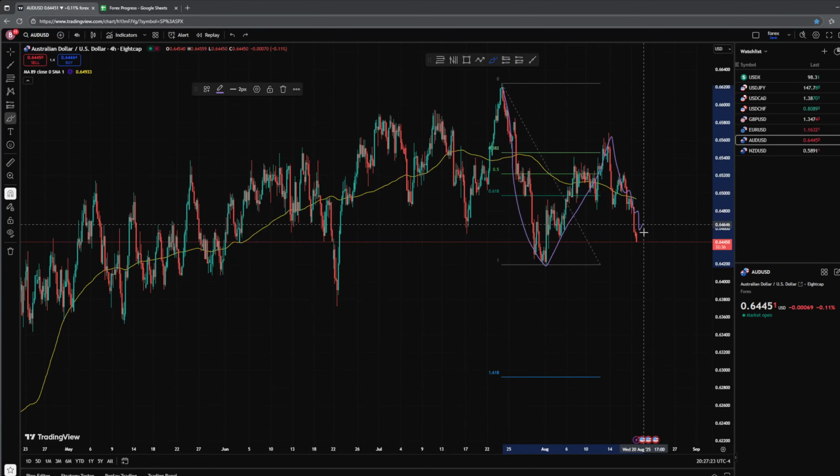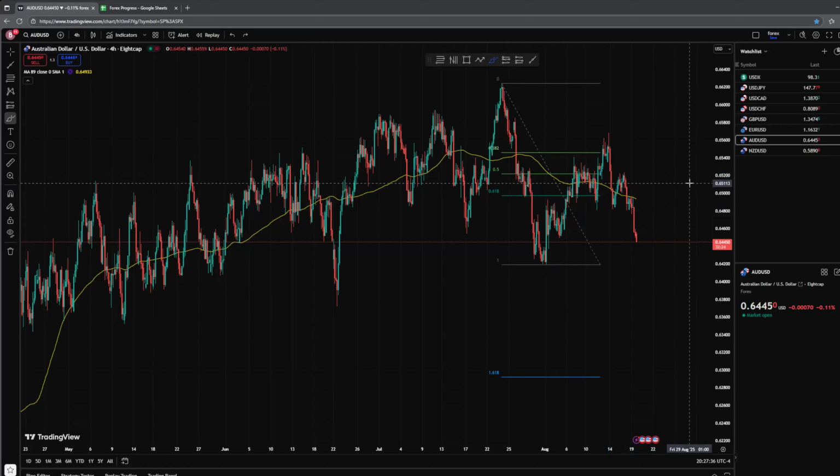Now the market seems to be retracing into the original trend. If somehow the market retraces back and reaches about the 50 to 60% zone here, that would be a perfect opportunity to sell Aussie. So until that, we're gonna wait.